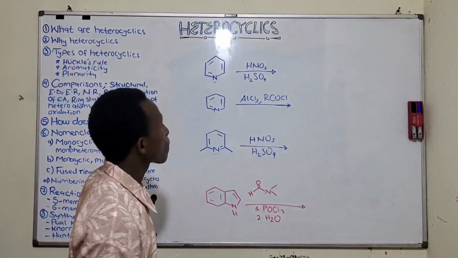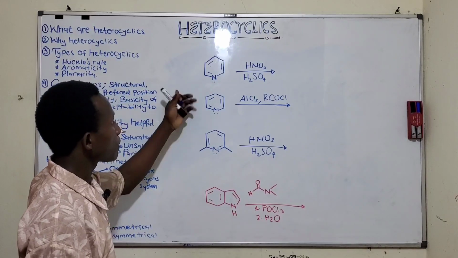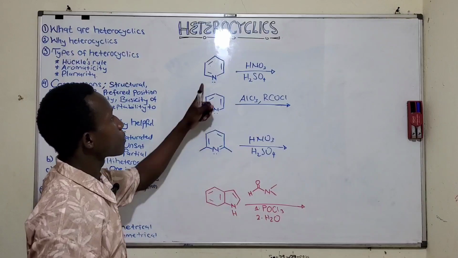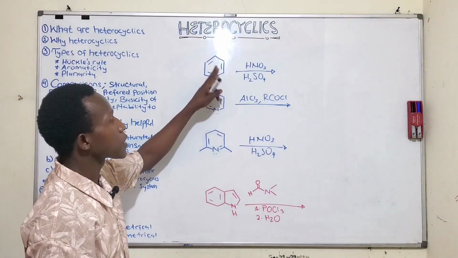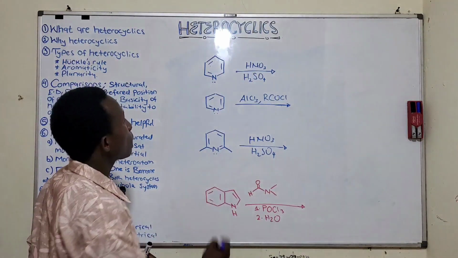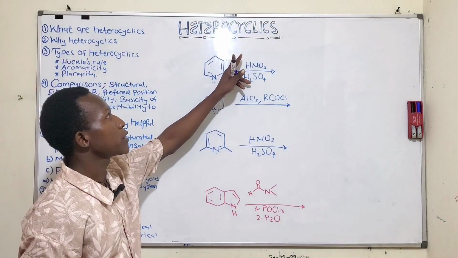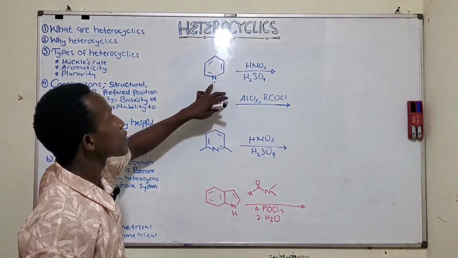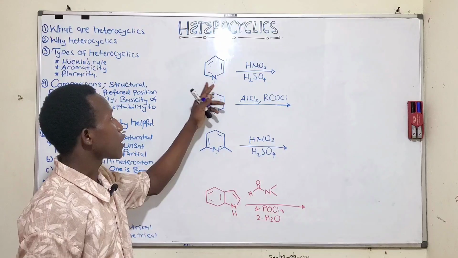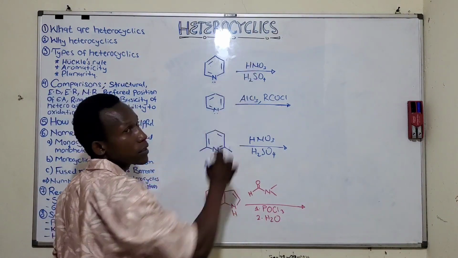6-membered heterocyclics, we have pyridine as an example here. Remember, pyridine is having a lone pair of electrons which doesn't participate in resonance, so it's available for reaction. Though for aromatic substitution it will prefer position 3, since the lone pair is available for reaction, it will prefer this position over aromatic substitution.